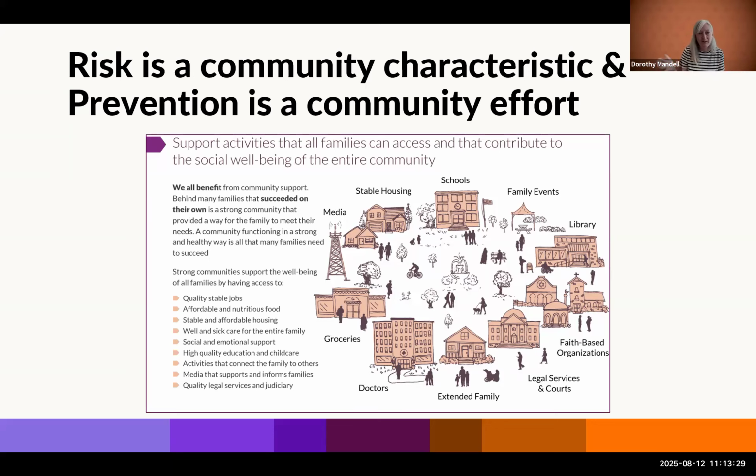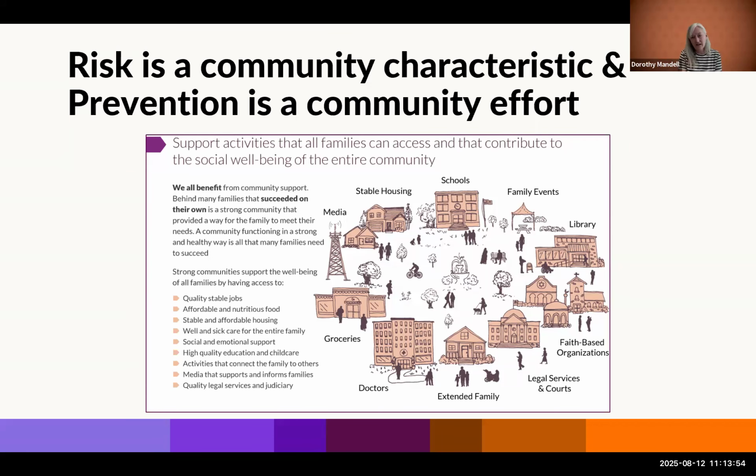I know you well from our other community coalition work that we've been doing with you all. So you understand that you can't do it alone, but also that there are community characteristics that need to be changed. And in order to do that, you have to engage the entire community.